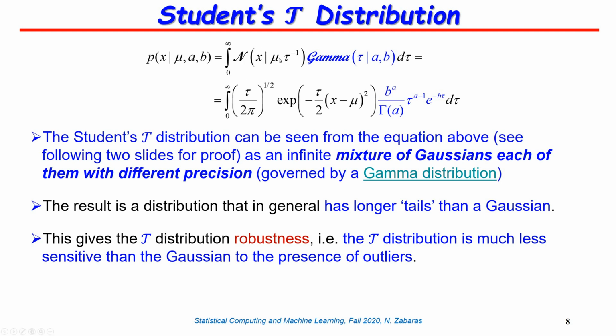That's how we produce a distribution with heavy tails and a distribution that is robust to outliers.